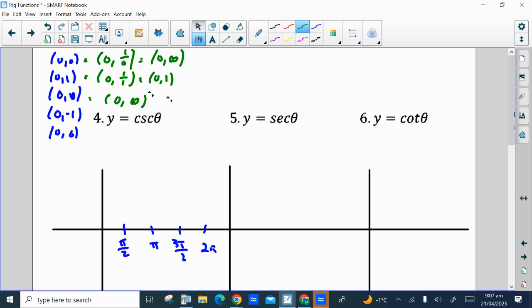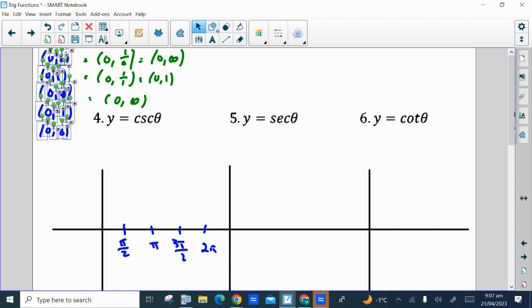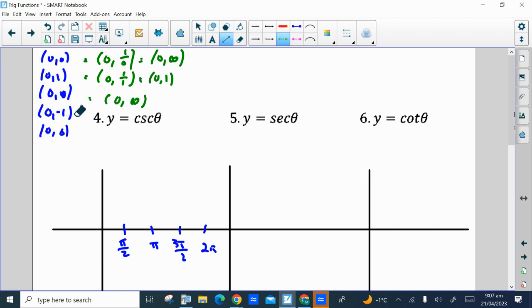At 0, -1, the y value is -1. -1 over 1 becomes 0 over -1, which is -1. And once again, 0, 0, the y value will not exist.